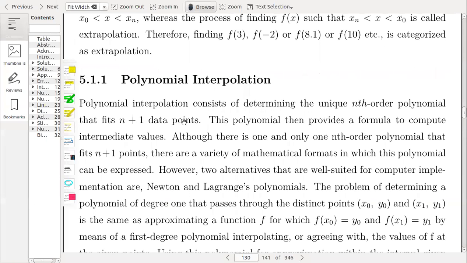So next is the polynomial interpolation. Polynomial interpolation consists of determining the unique nth order polynomial that fits n plus 1 data points. So it means if we are interested to construct a polynomial of degree n, we must have n plus 1 data points.